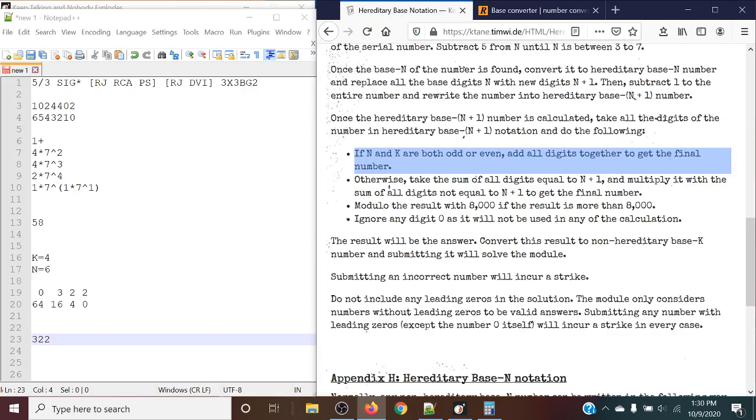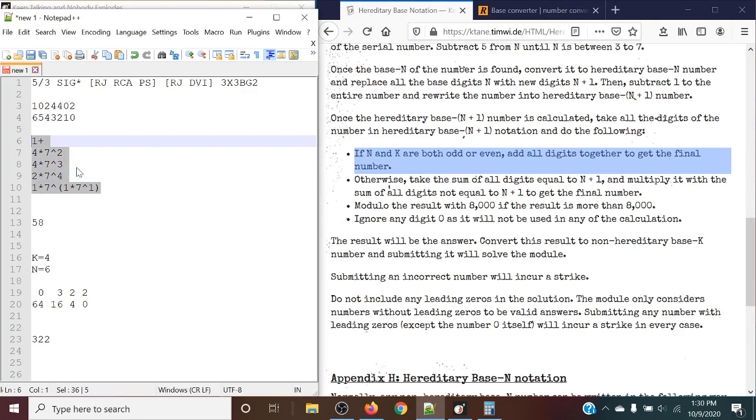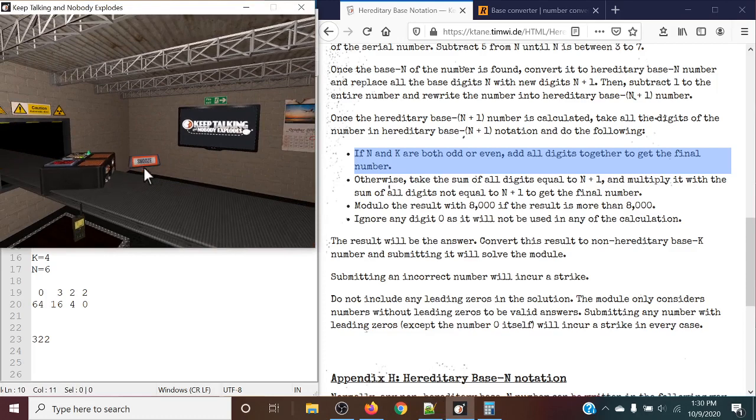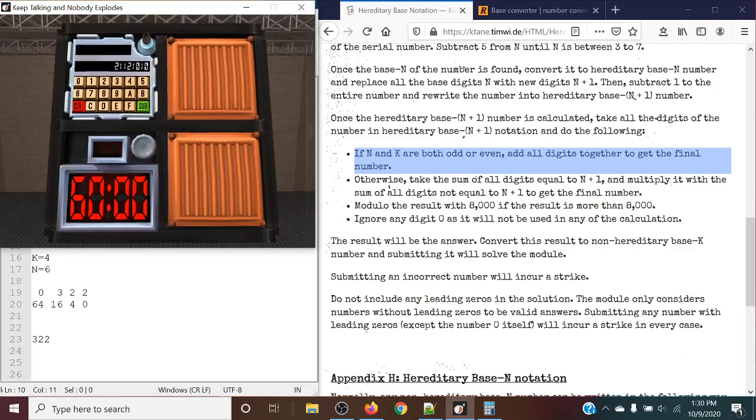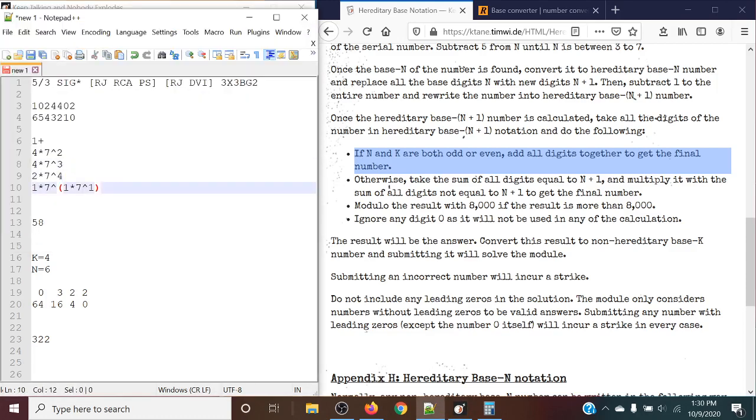Now, I hope you guys understood that, because this is going to take a lot of my voice. But essentially, we've broken this up into hereditary base notation. Hereditary base notation works like this, where you break each of them apart into base powers of that base that we found.